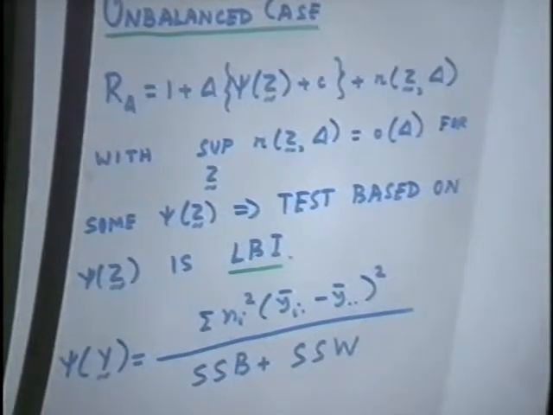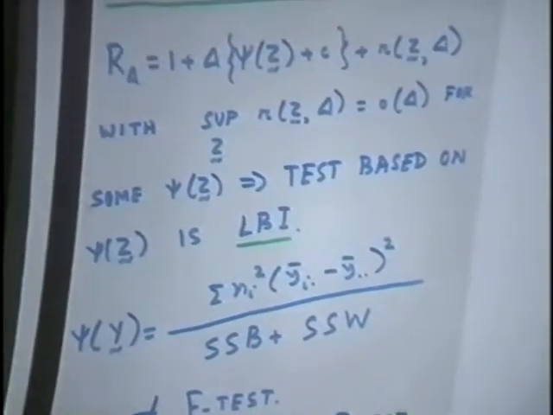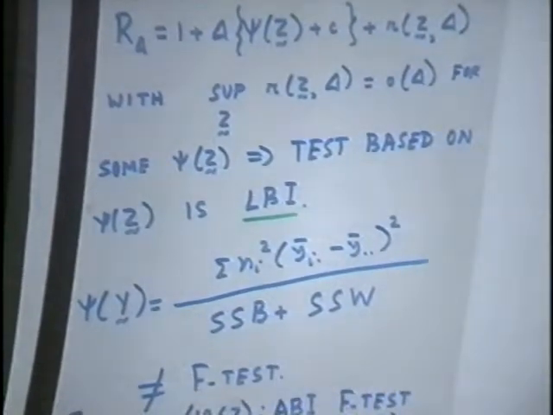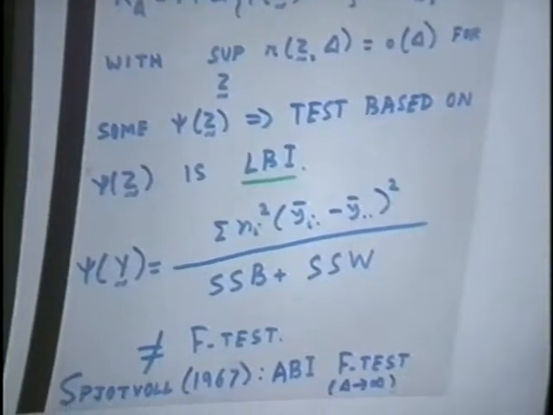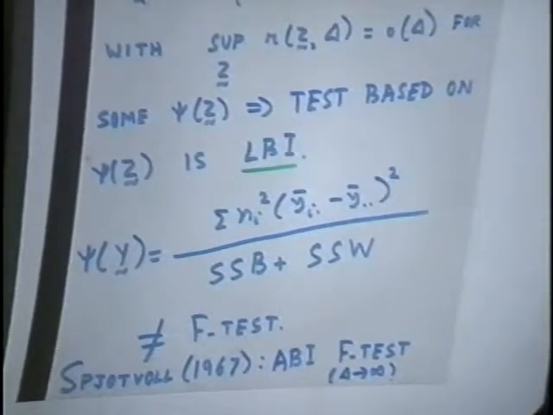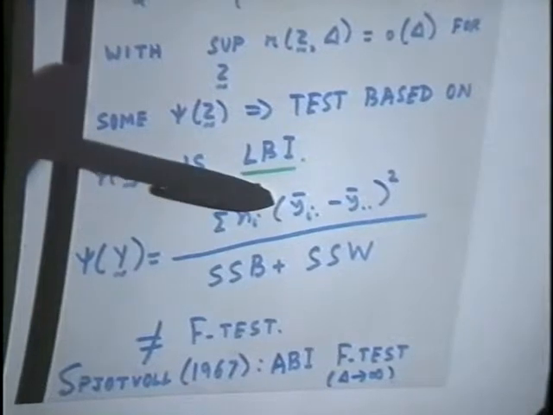In particular, if I replace z by y, if I express everything in terms of y, that is the test I get. It's kind of surprising that it's not the usual F test. The usual F test will have n_i in the numerator. If I had n_i, then of course it's the between sum of squares over between plus within, and that gives the F test.